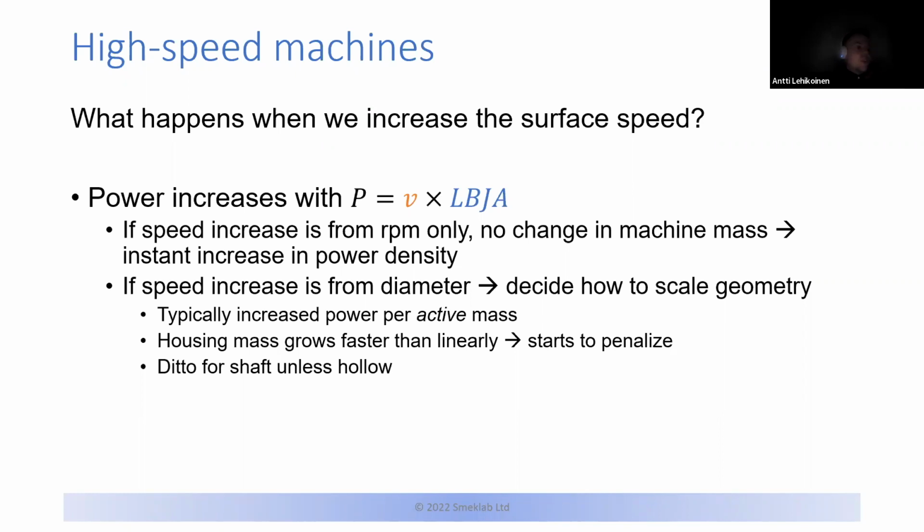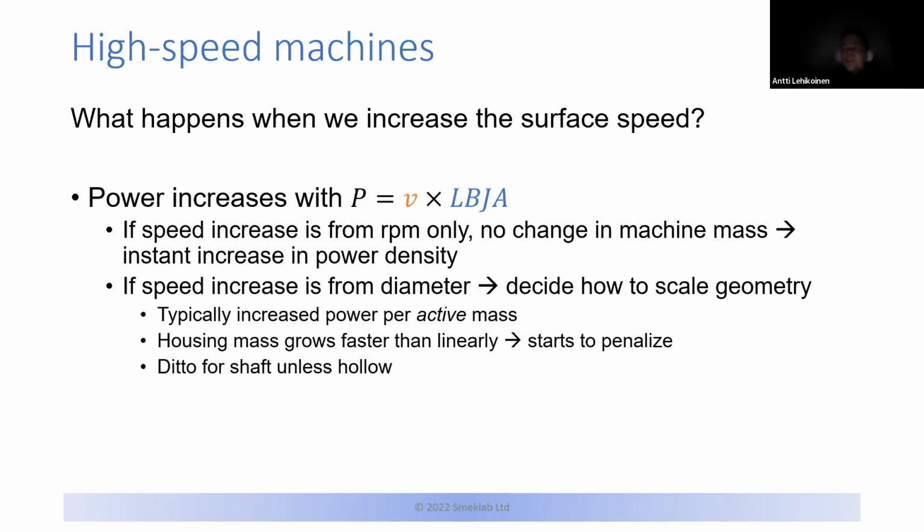Usually you will have to change something, or sooner or later, if you keep increasing the radius, you will have to change something. But anyways, it's a more complex relationship. What usually happens is that the power per the active mass of the machine, like the magnetic components, winding, electrical steel, any magnets if you have there, the power density with respect to the active mass does increase.